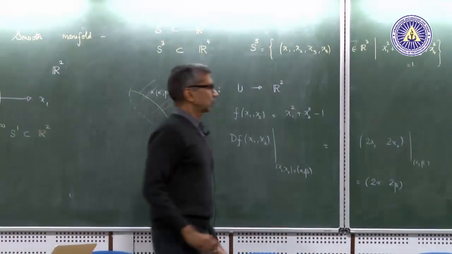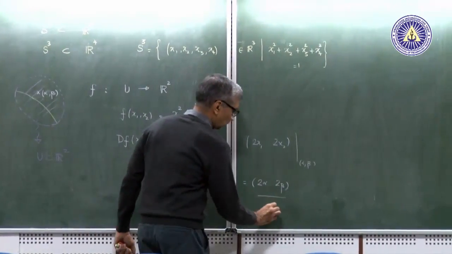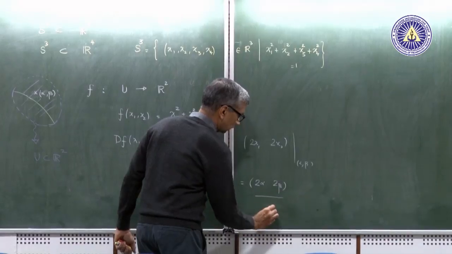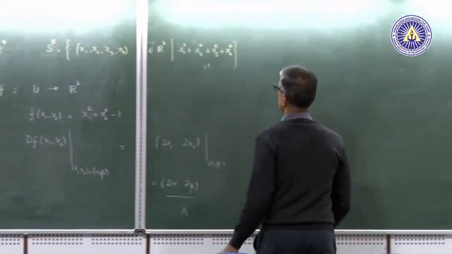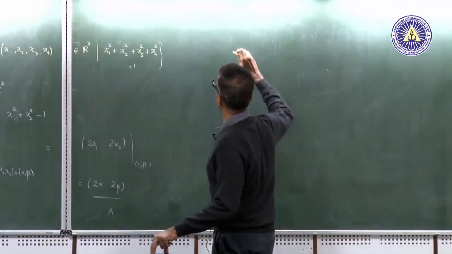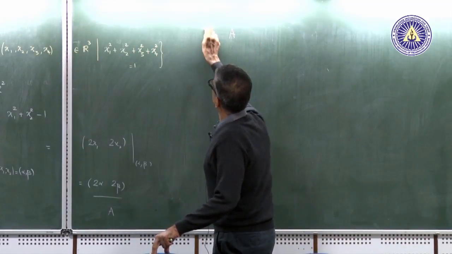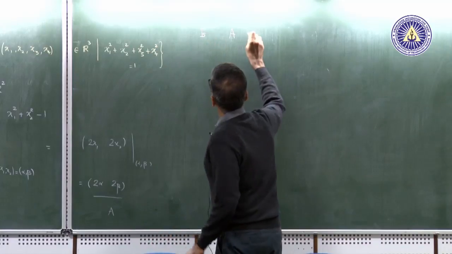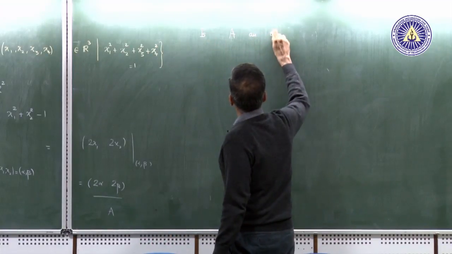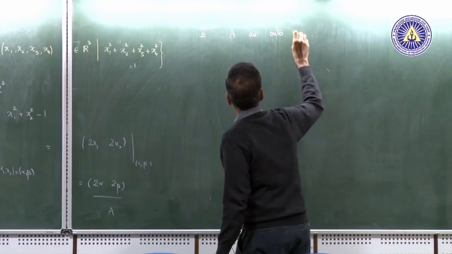Now if I asked you the question, so remember this, call this A, it is a constant matrix, right, it is a 1 row 2 column matrix. Is A an onto matrix?